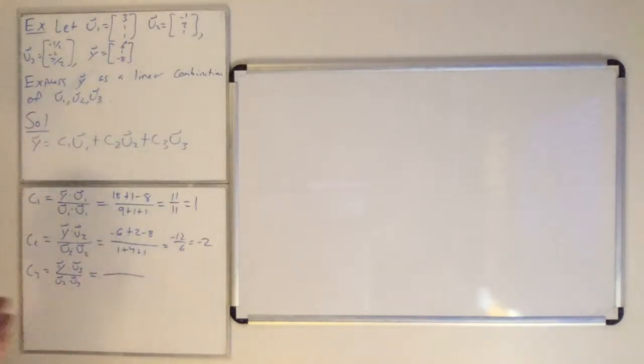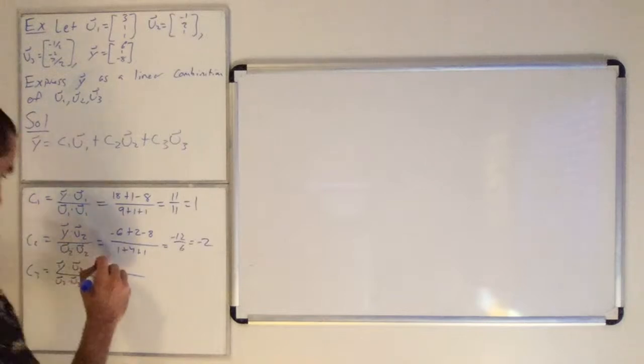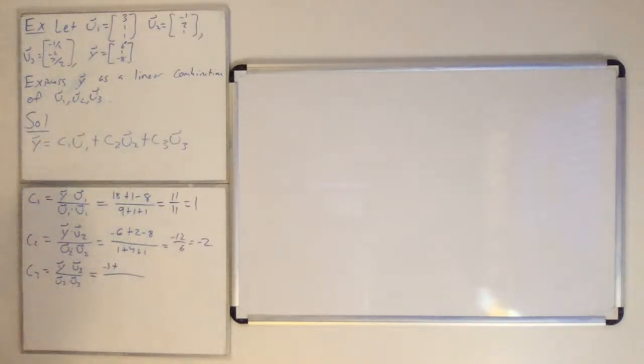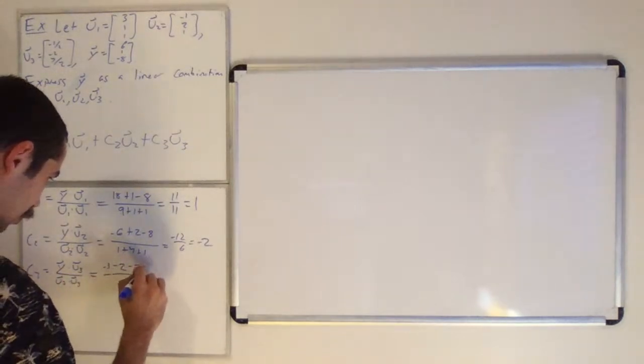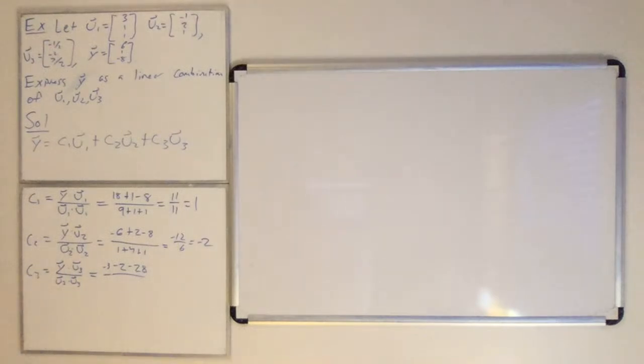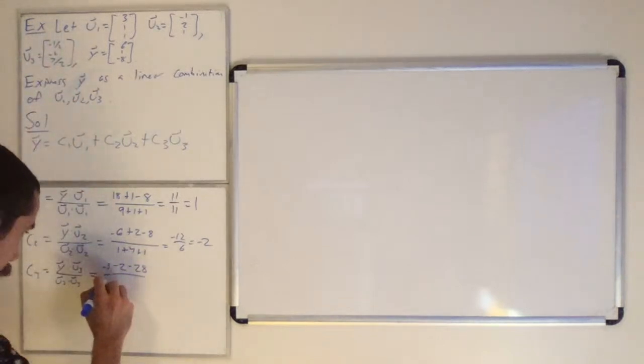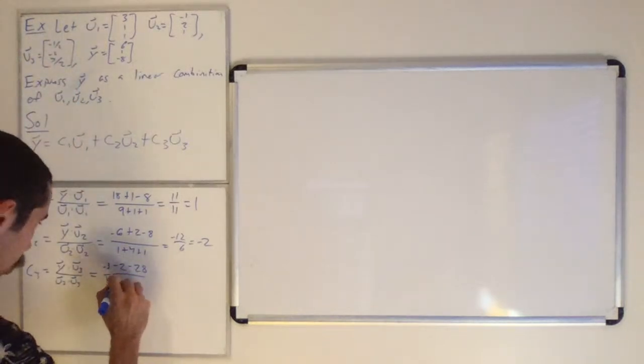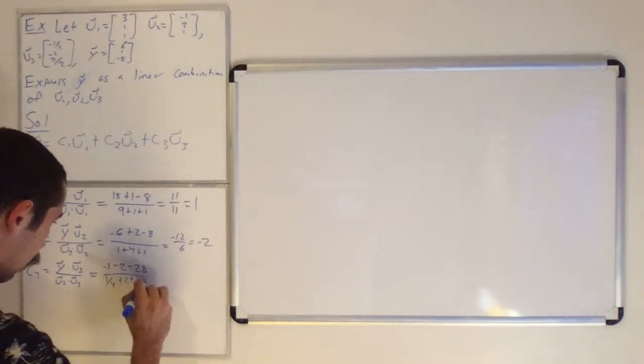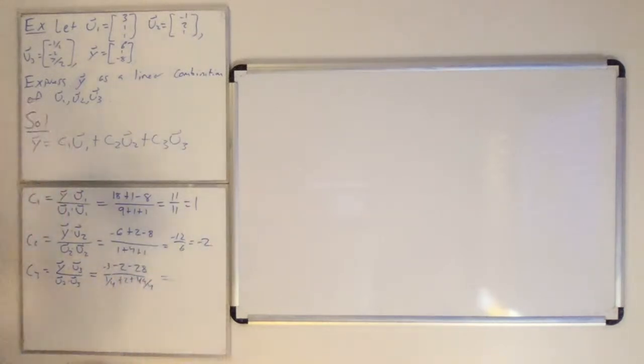Our numerator is minus 3 minus 2 minus 28, over 1/4 plus 2 plus 49/4. And when we do the math out, we would get negative 2. So you can check that on your own.